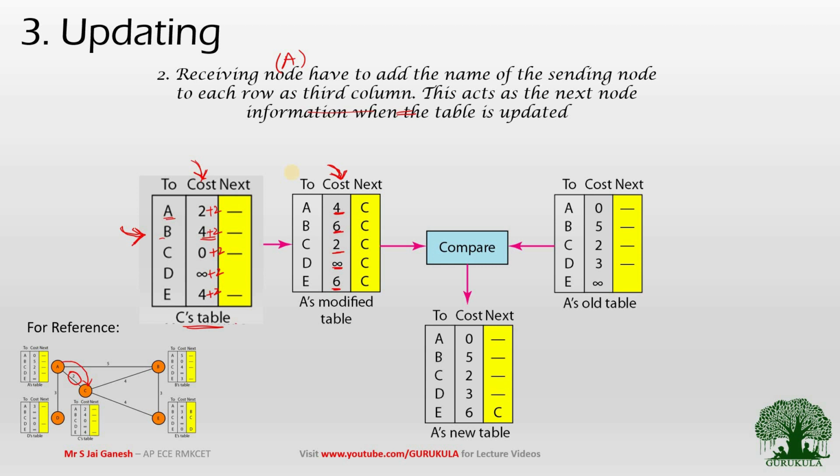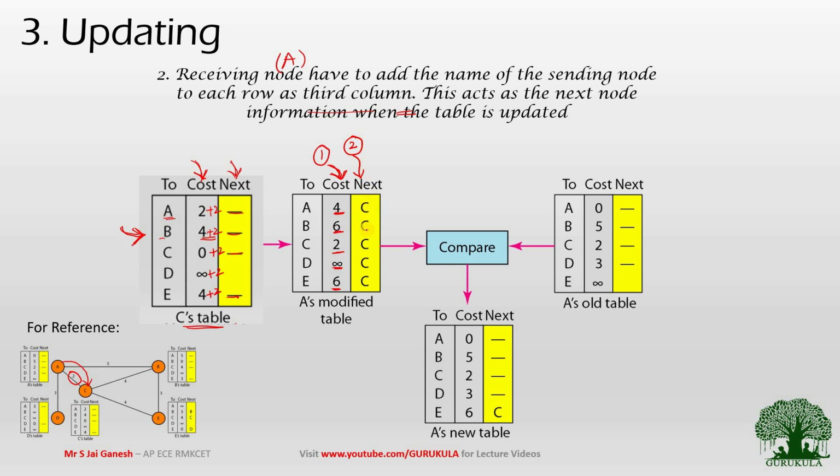The next step is that the receiving node has to add the name of the sending node to each row as the third column. As you can see, the third column is the next node. This is the actual table that we received from C, and we can see that there are directly connected nodes here. So A has to modify it. In the second step, having modified the cost in the first step, we are now modifying the next node column.